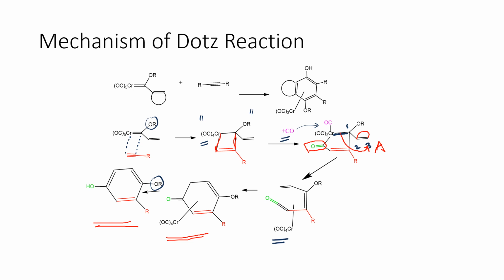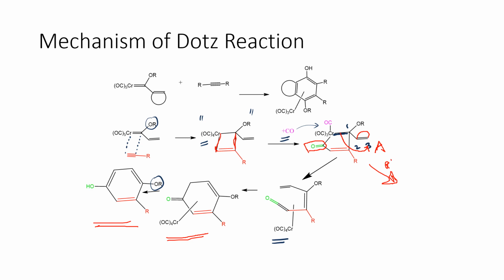So this is slightly more complicated than the reactions that we have considered so far. The initial step is straightforward. Carbon monoxide step is also straightforward. But before the reductive elimination step, you have a ring expansion. And the ring expansion is motivated by the fact that if I were to do a reductive elimination right here of the intermediate A without doing the ring expansion, then I would end up with a strained ring system.